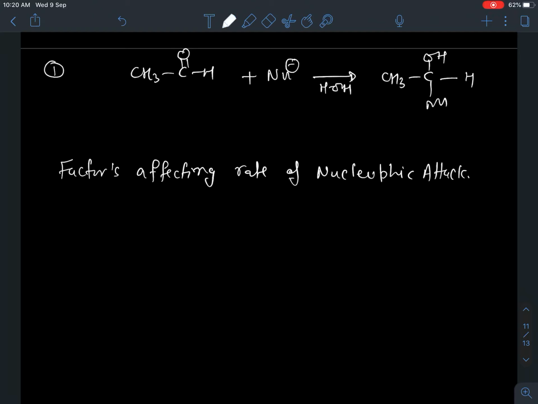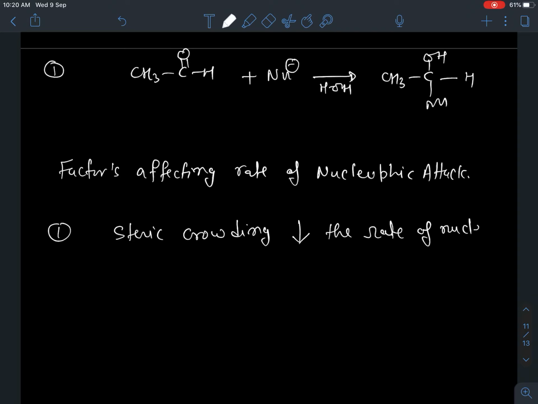So the very first thing is steric hindrance at the carbon where the nucleophile is going to attack. The very first factor is steric hindrance, which decreases the rate of nucleophilic attack.